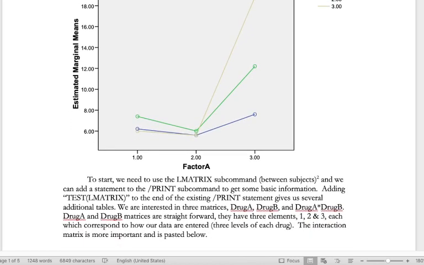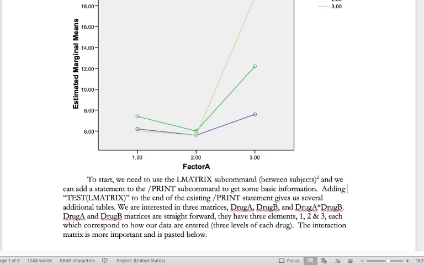The problem is that SPSS might have a different idea of the order those dots should go in. If we're just looking at factor A, we can say, okay, level 1, which is no dose, versus level 3, which is high dose.